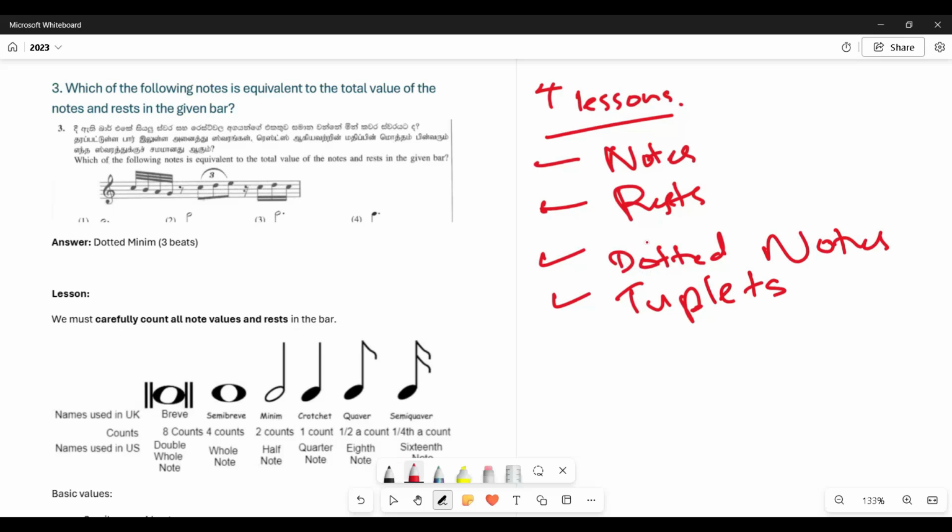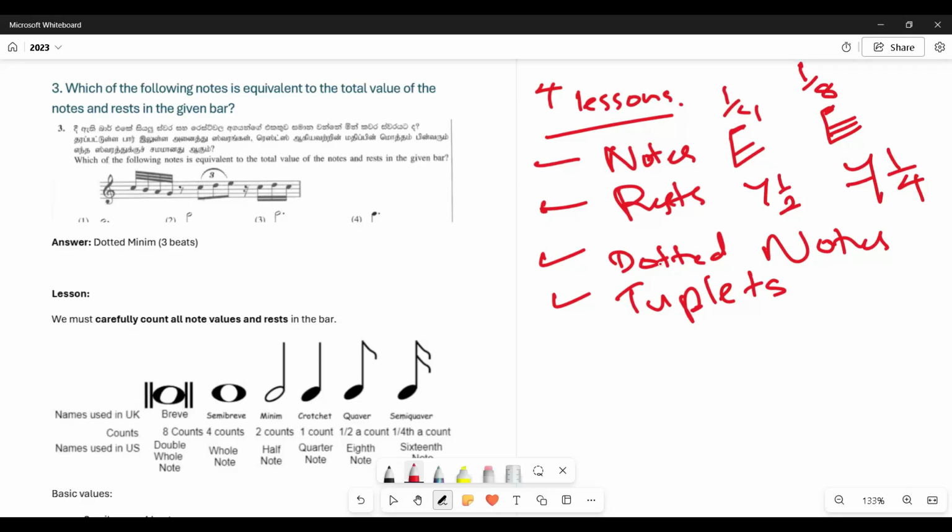Okay, let's learn the lessons first. Notes given are only, this is only 1/4 account. If there are 3 flags, 1/8 account. So rests needed in this one is, this is half account, this one is 1/4 account.